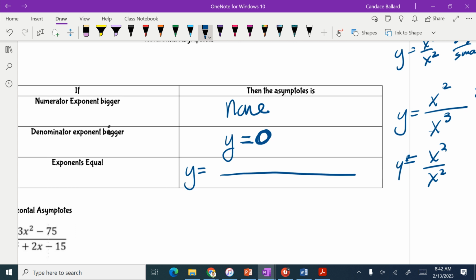It's the numerator coefficient over the denominator coefficient of your highest exponent. Okay, write that down, and then I'll use my little side example there. We'll do a couple examples. So I've got one of each type for you. I don't know if I spelled coefficient right the second time there.